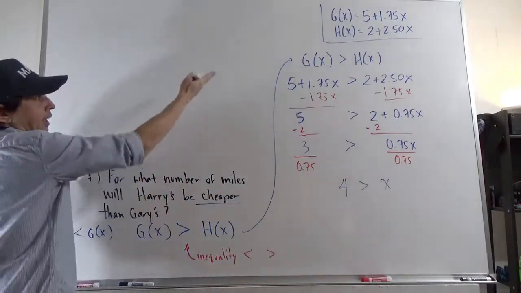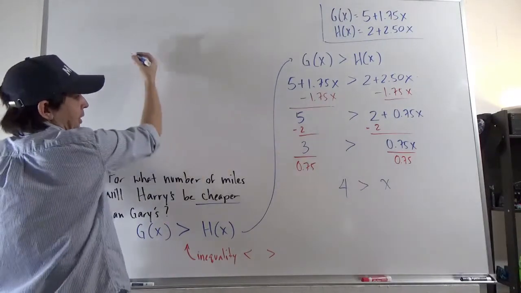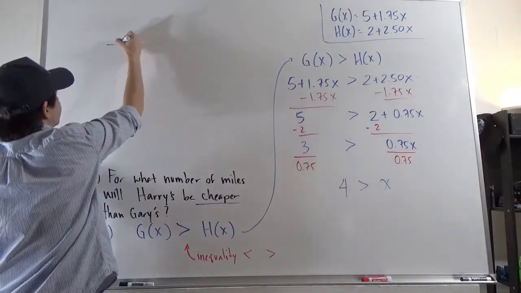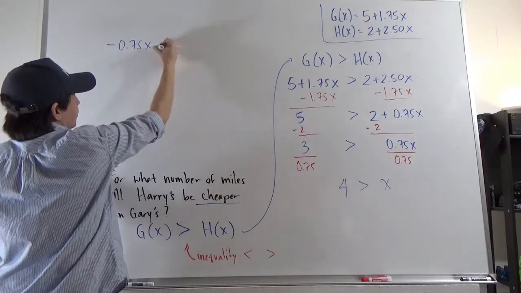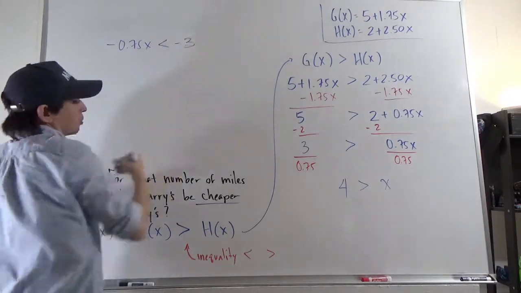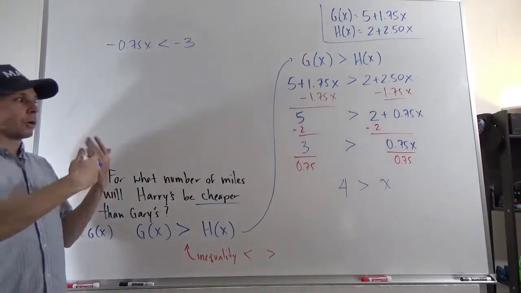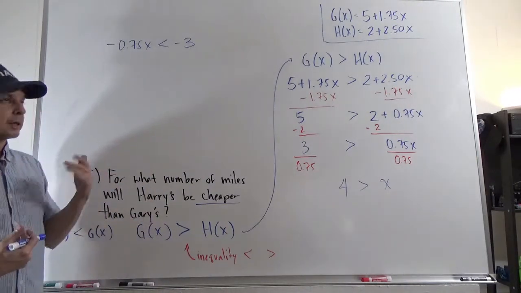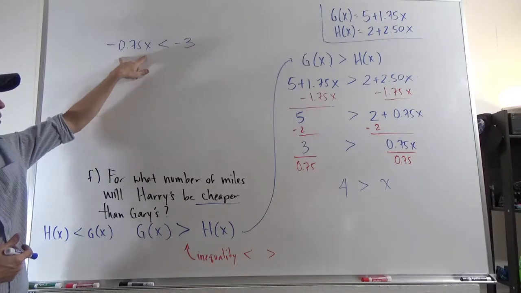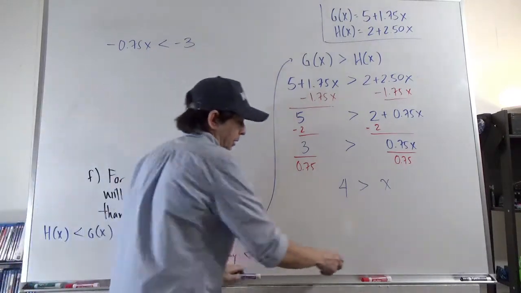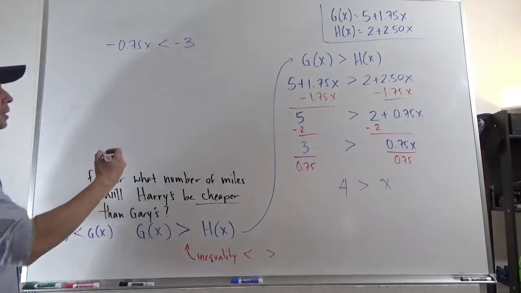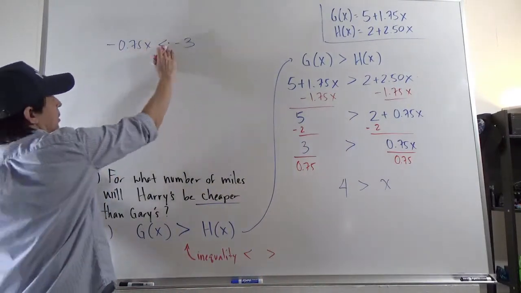If I'd worked it out differently, I may have ended up with negative 0.75x on the left. You don't have to write this down. I'm just making sure you know that you may have moved things the different way than I did and end up with a negative 0.75x on this side, and that means you would have a negative 3 on this side. And if that's what you did, it's completely fine. Oh, sorry, it would be this way.